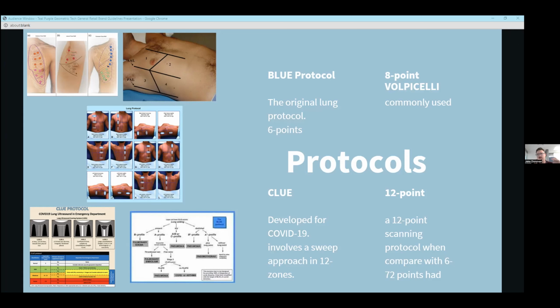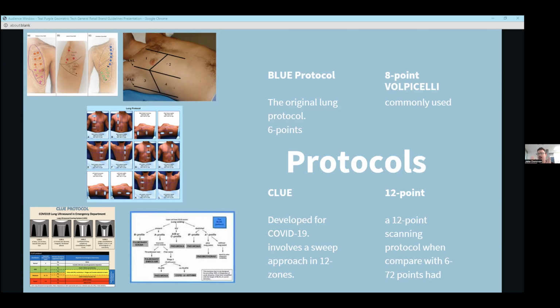And they found that the 12-point scanning protocol was the one that had a 99% correlation with the accuracy of CT. But sequentially down from that, you'd have like the 8-point, which might have been a 90%, and a 6-point, which might have been an 80-something%.